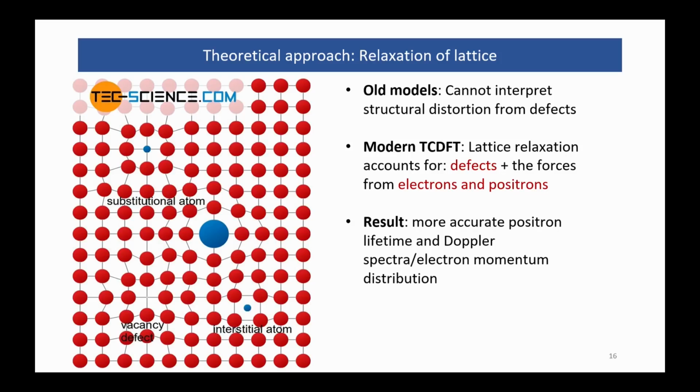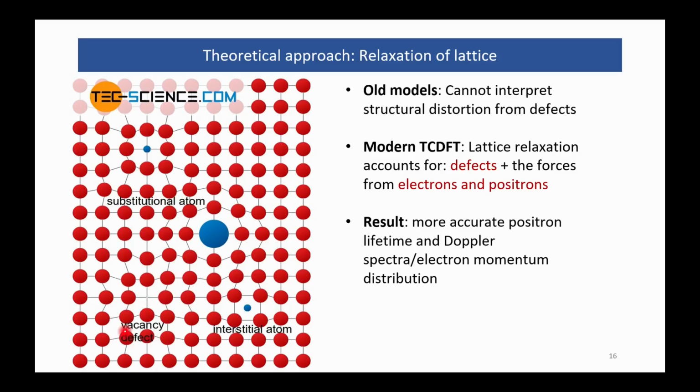And the second approach, we use theoretical approach. In the theoretical approach, we use relaxation of the lattice because the old model cannot explain the structural distortion from defect. The distortion can be explained here. For example, when you miss an atom here, the structure is not straight anymore.